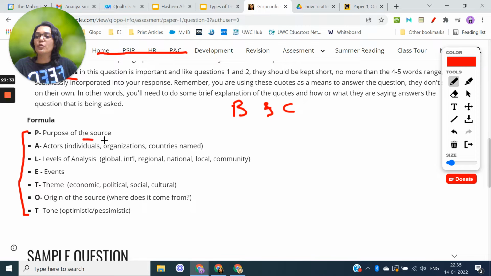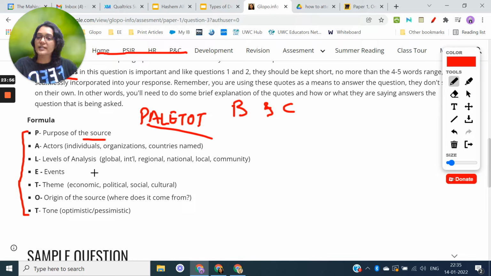So this is known as PAL-TOT. Okay, remember PAL-TOT. This is the formula. P, purpose of the source. What is the purpose of the source? There you have to figure out why someone is writing about this source. A, actors. Who are those actors?